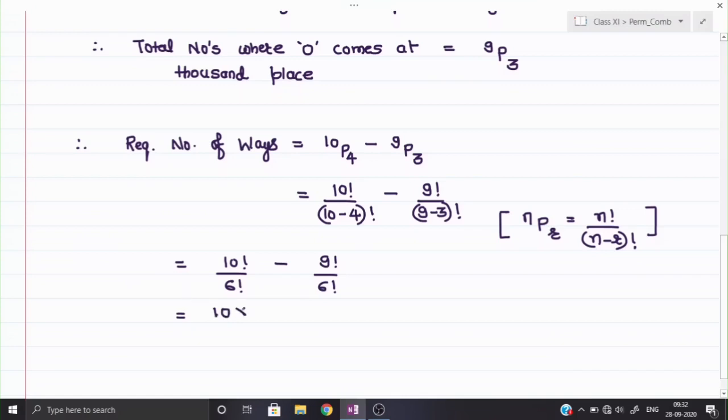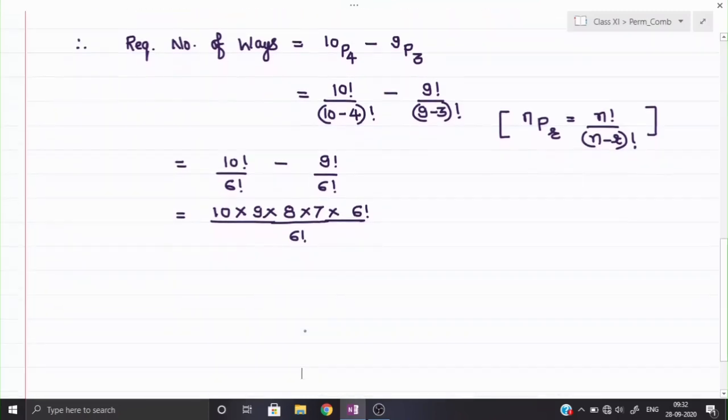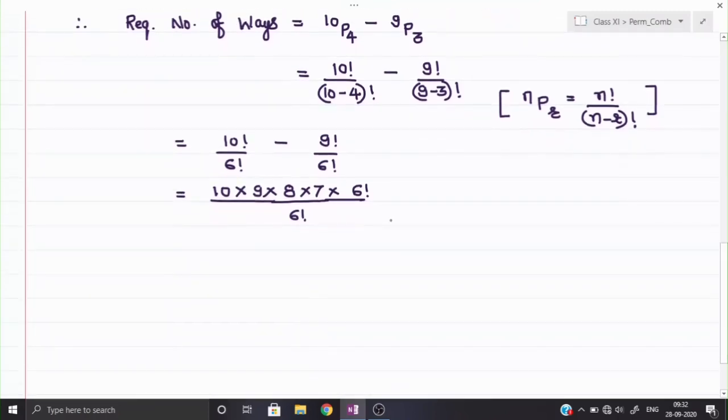So I will write down 10 into 9 into 8 into 7, and then factorial 6 which is remaining, I will write down as it is, upon factorial 6 as well. Further you see we have factorial 9.